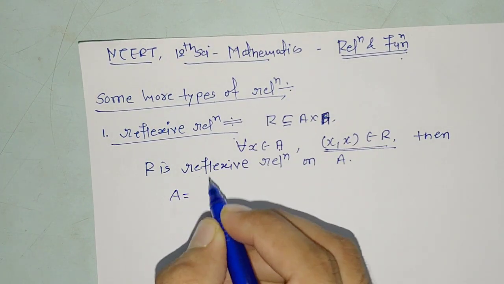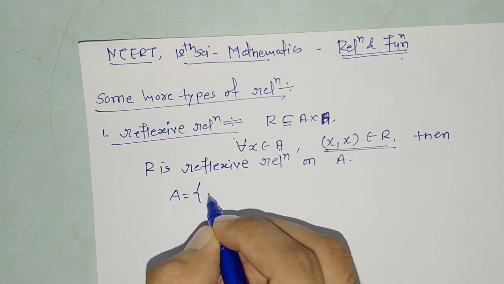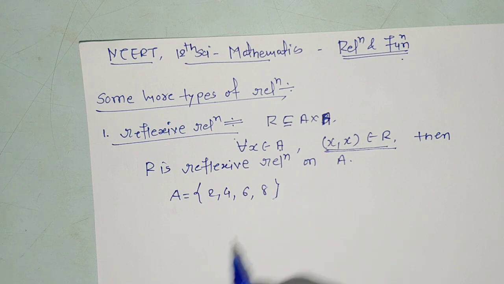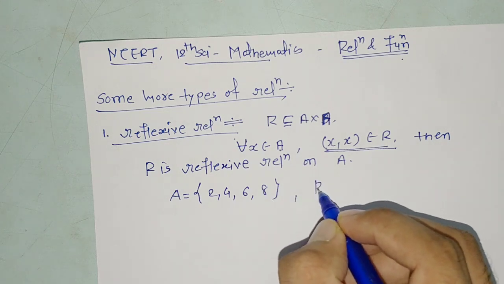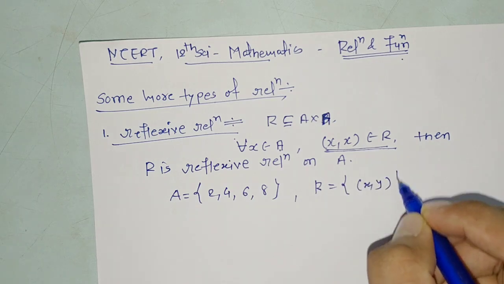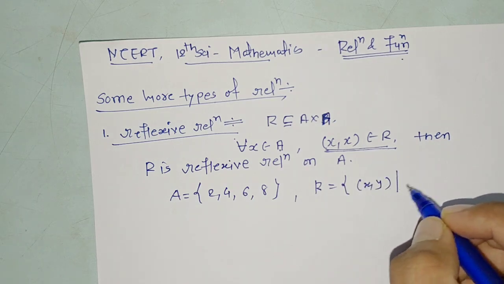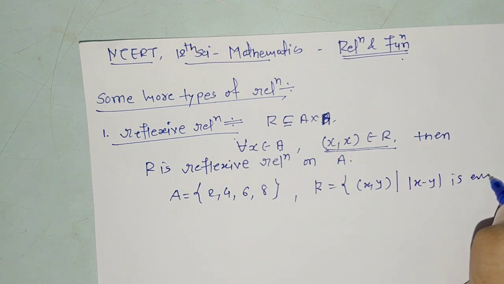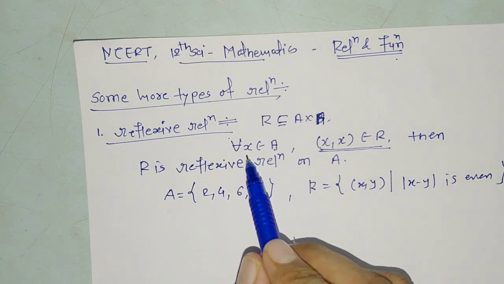Let A equal {2, 4, 6, 8}, and I am defining R as before, (x, y) such that modulus of x minus y is even. Now again see the definition.